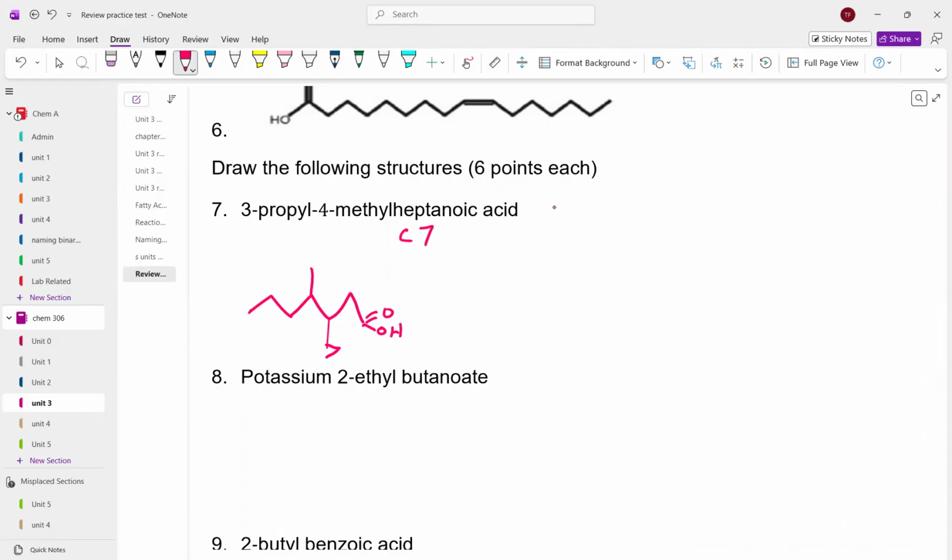Okay, here's an acid salt, potassium, and butanoate, it's 4 carbons.